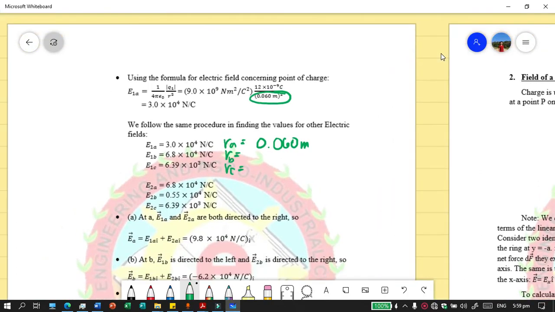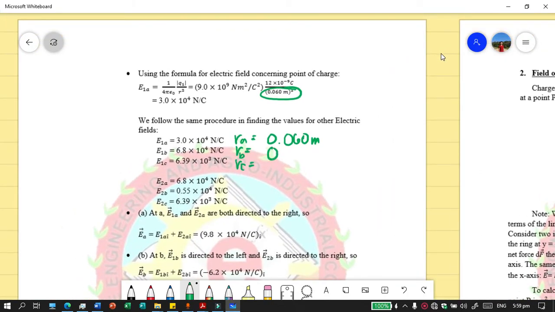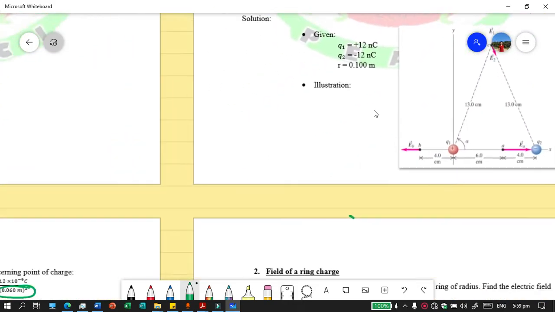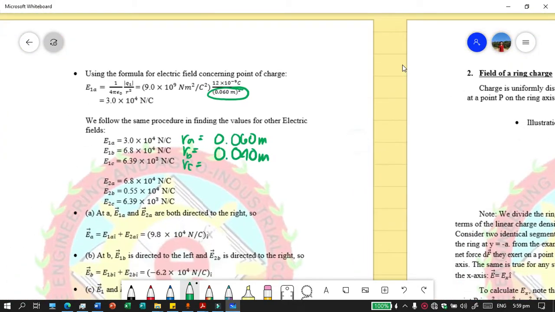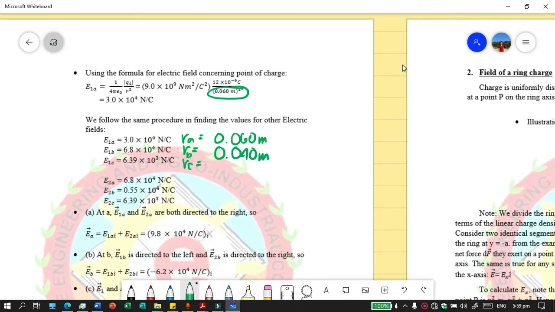That is 0.04 meters. Yung sa RC naman natin, RC natin is 13. So that would be 0.13 meters. So babaguhin lang natin yung mga values na yan. Ilalagay lang natin dyan yan. So that's it. That's how you do it.